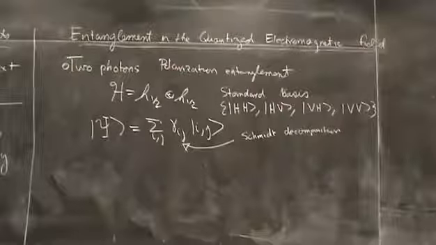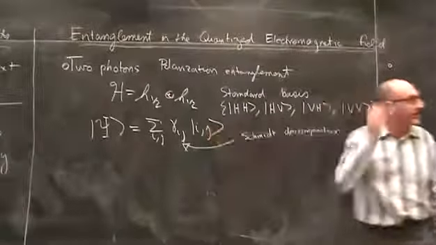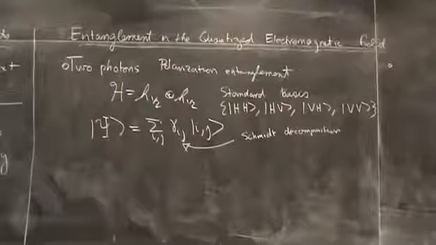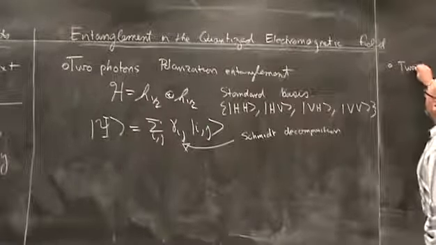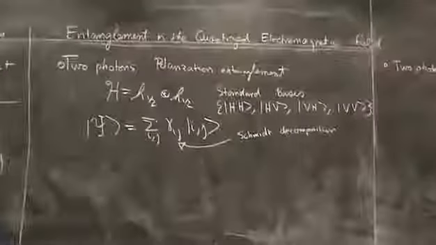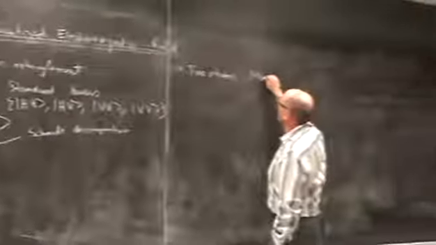Now, another way we might think about it, instead of the spin degrees of freedom of the photon, we can think about the orbital degrees, as you like, or the motional degrees of freedom of the photon, all right? So another thing we might think about is two photons, and we'll talk about what is often termed momentum entanglement.